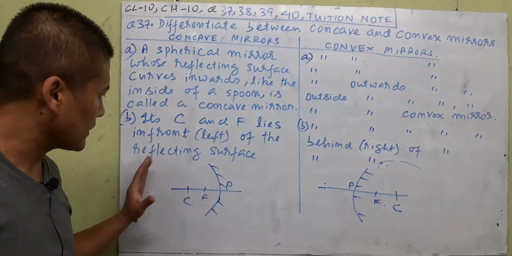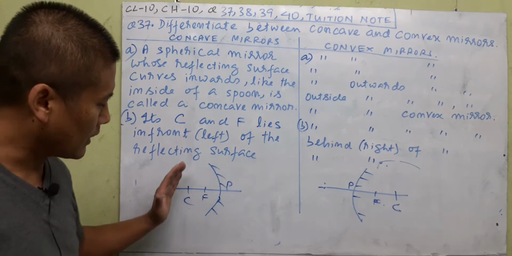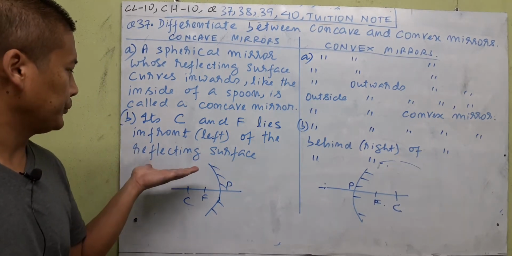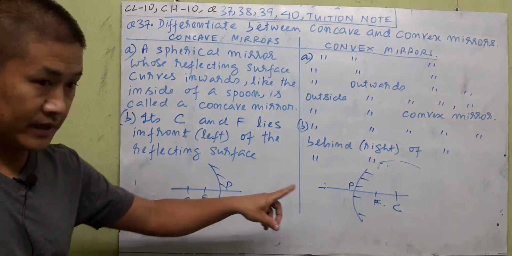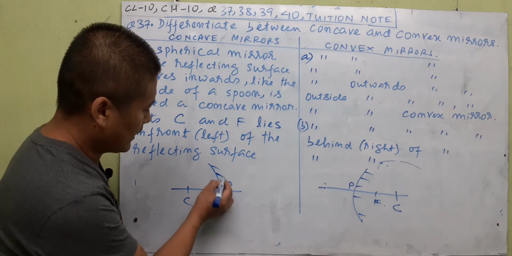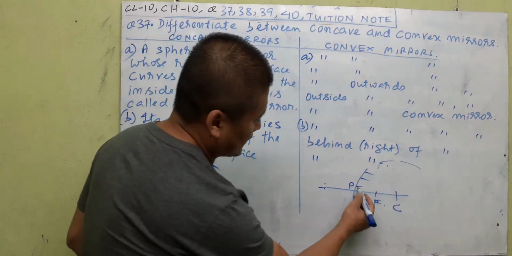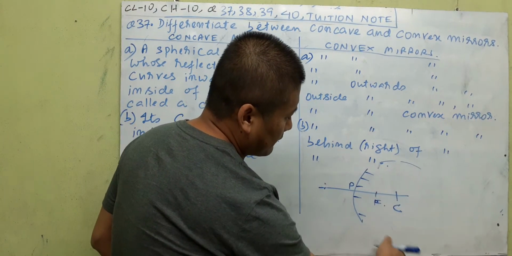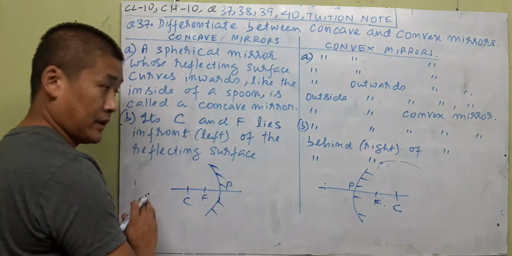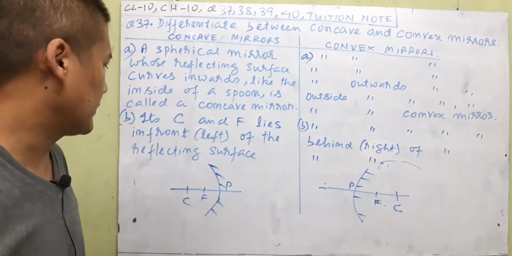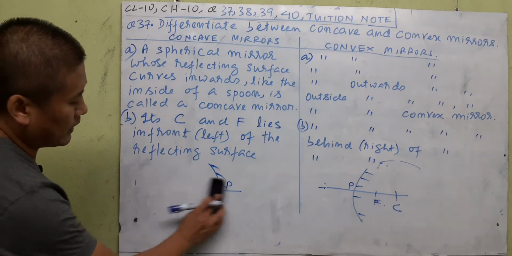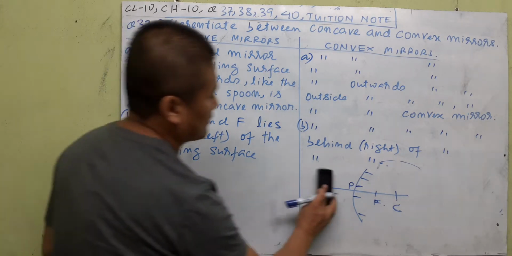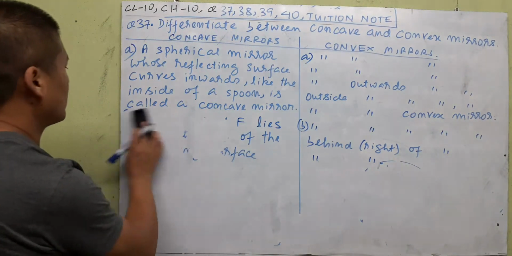For concave, the center of curvature and focus are in front, or on the left side, of the reflecting surface. There is a difference, right? You see, the non-reflecting side is on the right here, and here also on the right. Still, here C and F are on the right side, and here C and F are on the left side. One difference, right? I have to rub this out so that I can have space. So that was B. Now let's go to point C.